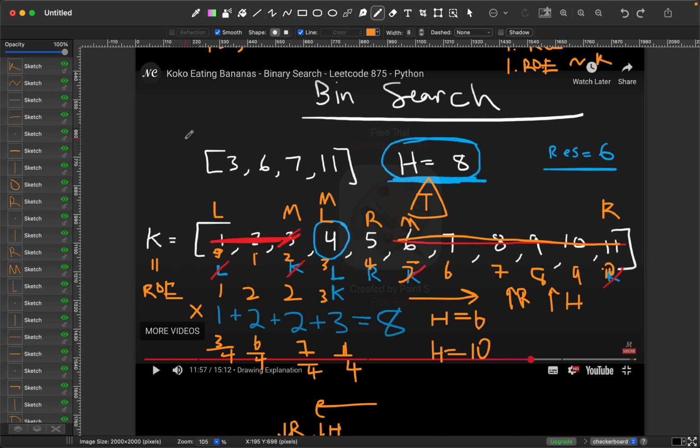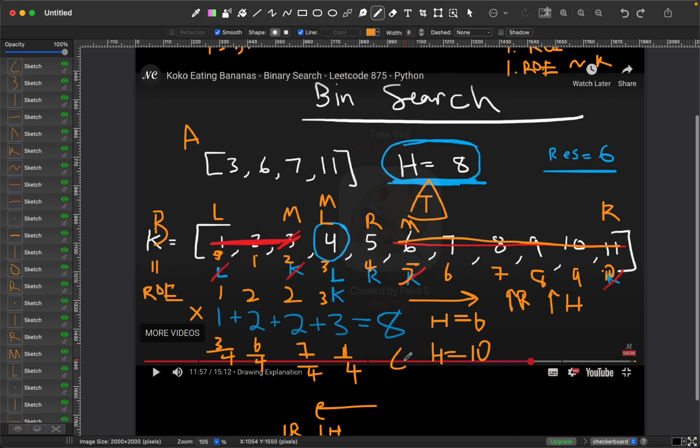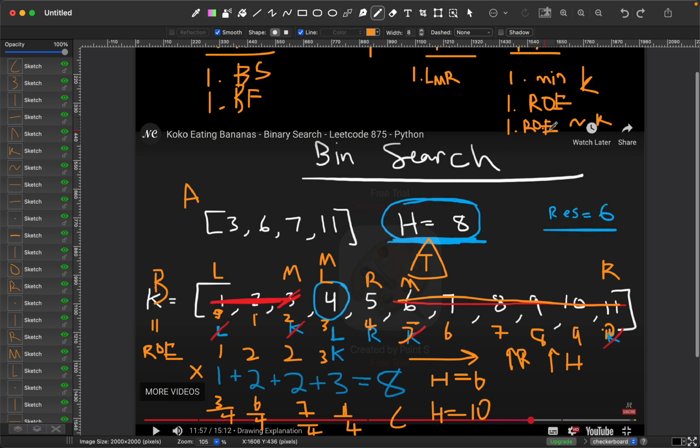So we have the a over here, the b over here, and then the c as our final output. You need to know how to utilize a, how it interacts with b, therefore getting your final output as c. That's pretty much how you transfer your rate of eating to k. Basically how you do the operation ABC to allow you to find the final k, right? So that's the complication part.